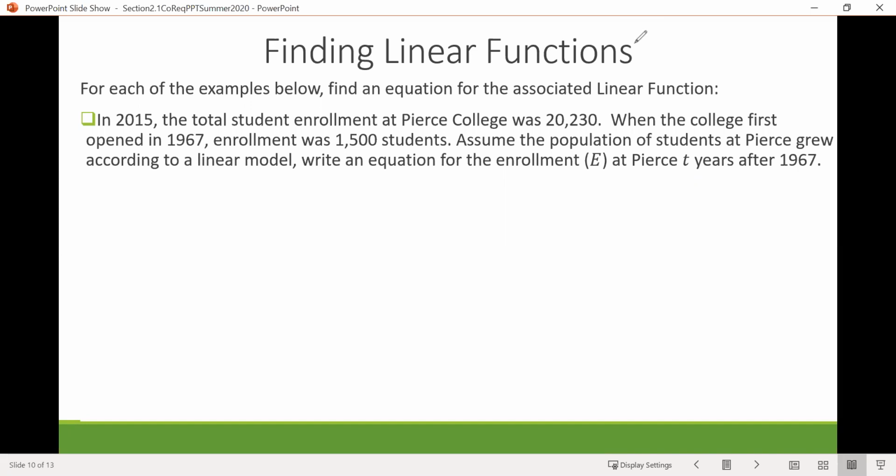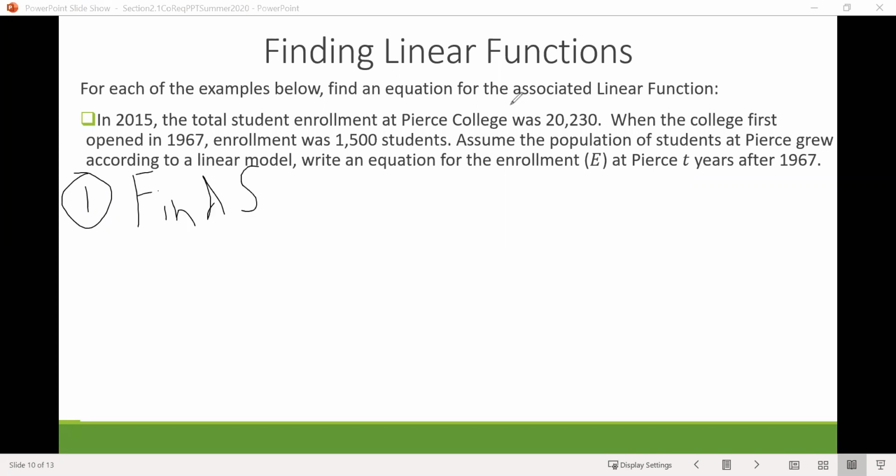Now, a few things we have to decide first. Even before that, the first thing we have to do, just like in the last one, is find the slope. In order to find slope, as we saw, we need some points. And in order to have points, we have to find things that are paired up.